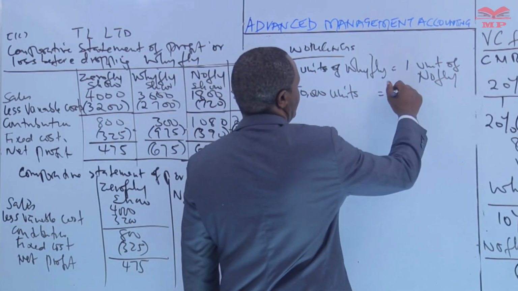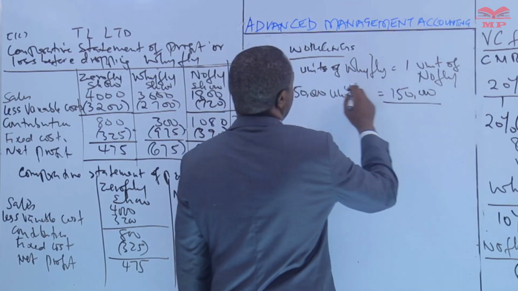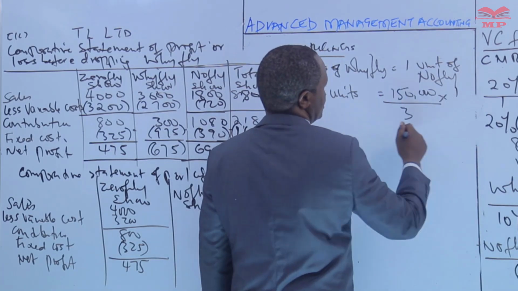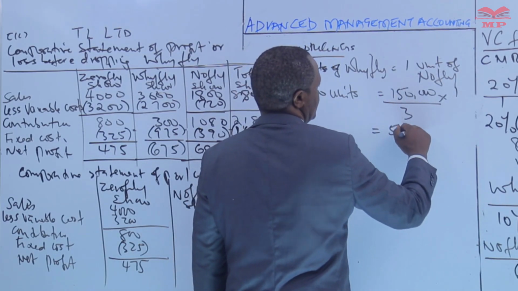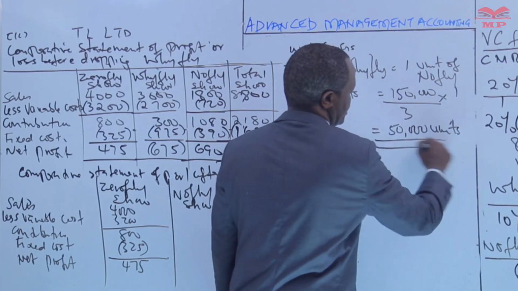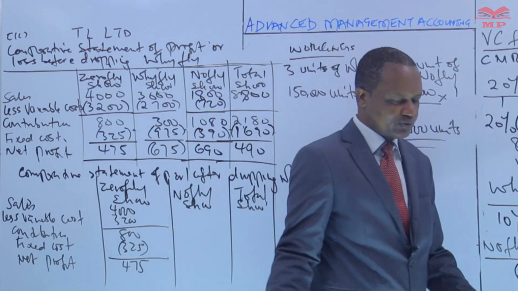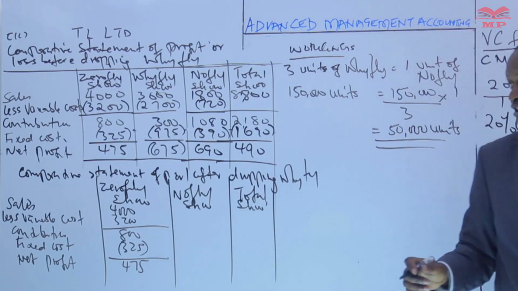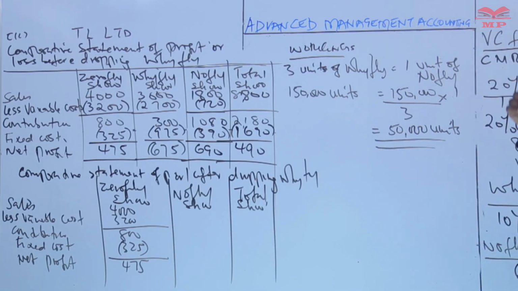That will be equal to 150,000 divided by 3, which is 50,000 units. After the workers were transferred to produce no-fly, that labor force is now producing an additional 50,000 units in no-fly.